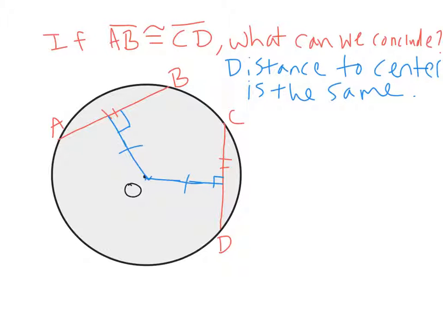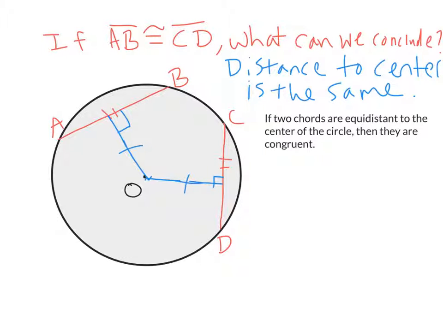If I know that two chords are equidistant, and I'll actually type this one, that'll make it a little bit easier. There we go. If two chords are equidistant to the center of the circle, then they are congruent. And that is reversible, meaning, here we go.